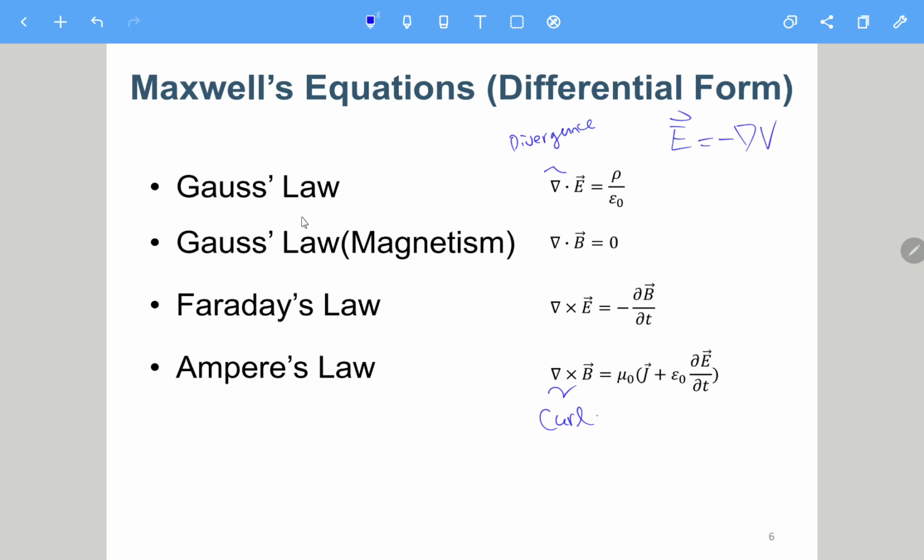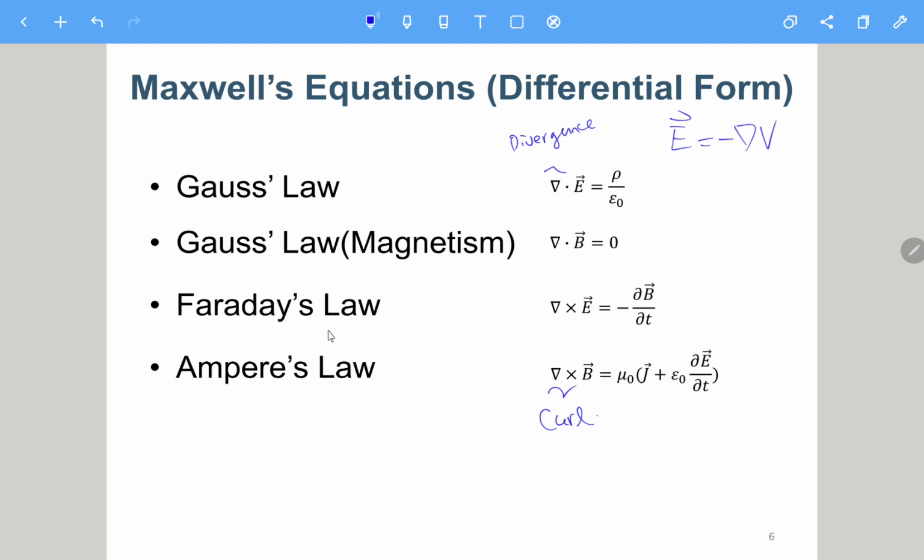And then for the two Gauss laws, we have divergence on the left side. So this is the divergence of the E field equals the charge density over epsilon naught, over the constant. And then for the Gauss law of magnetism, we have the divergence of the B field equals 0. So this is very neat.